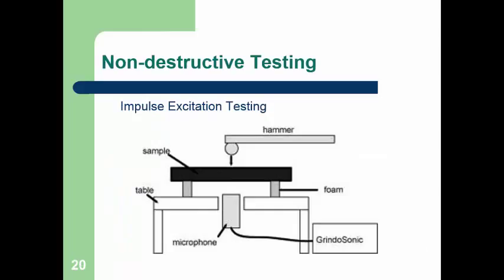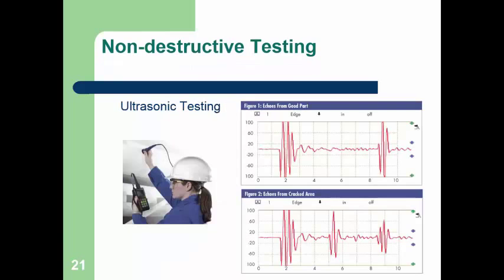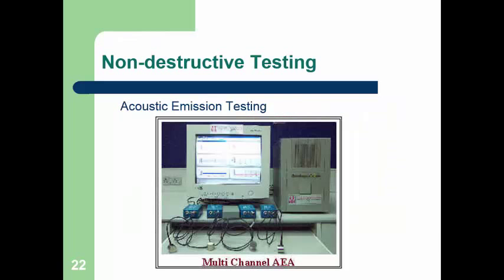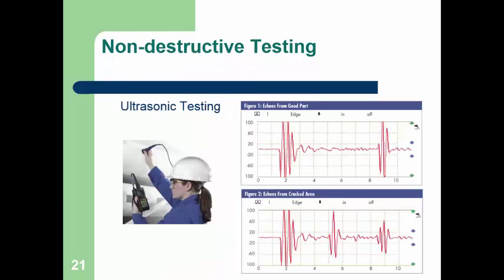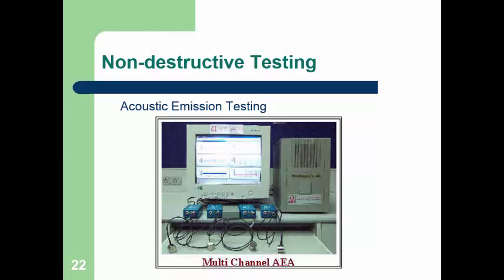Radiographic testing, impulse and excitation, ultrasonics, acoustic emission testing. A lot of these are new. They continue to be developed and expanded in order to come up with new methodologies of looking at composite materials once you have them made.